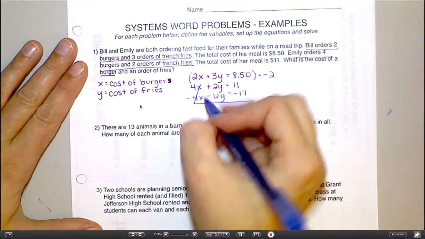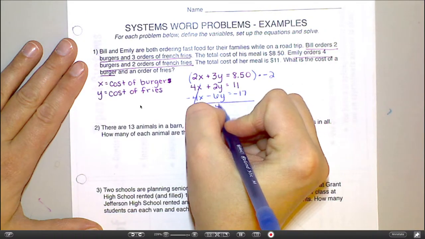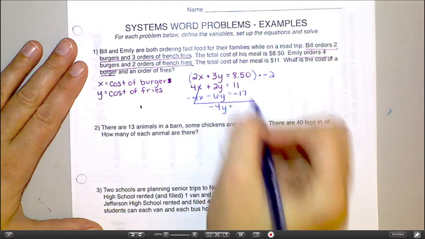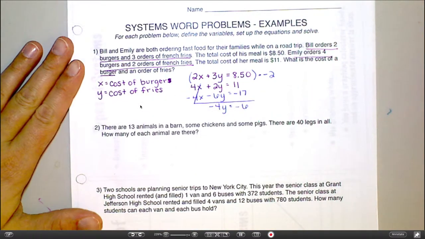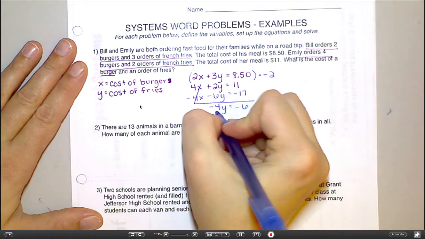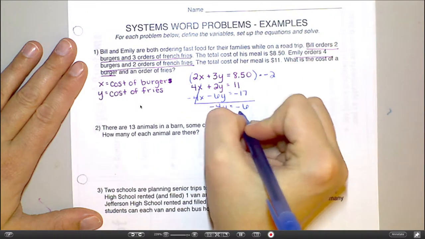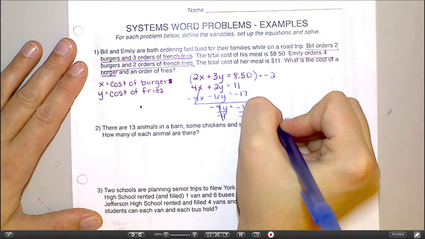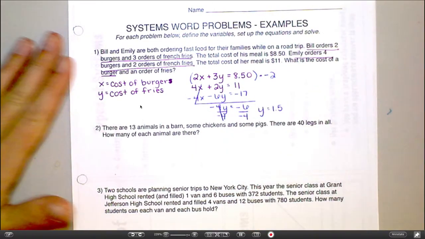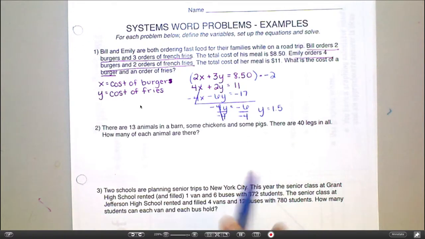This is going to give me -4y, and 11 plus -17 is going to give me -6. Divide by -4, and I get y equals 1.5. Decimals are not out of the question here because remember this is a cost. This is money. So unless things are exact dollar amounts, $2, $4, whatever, decimals are going to happen here.